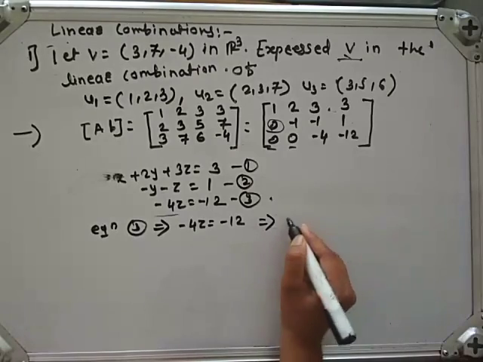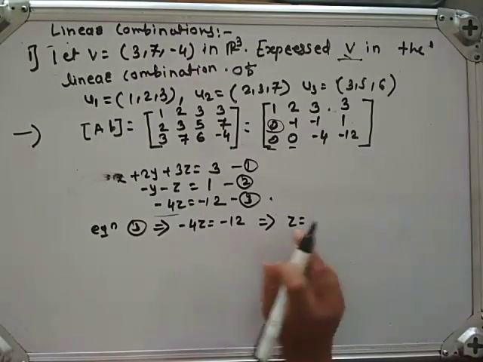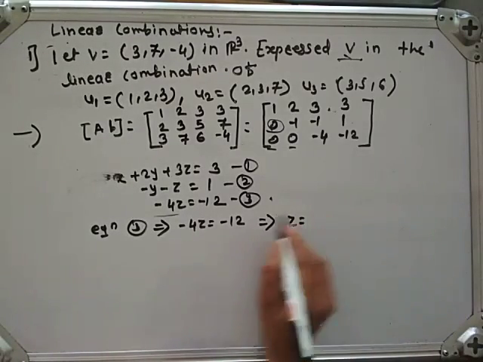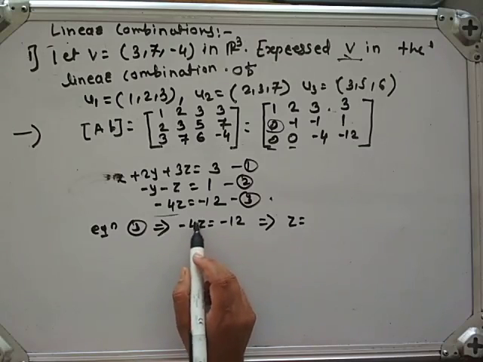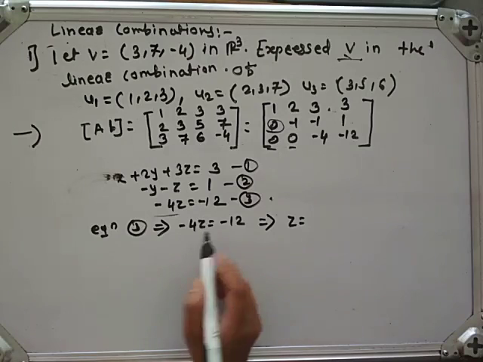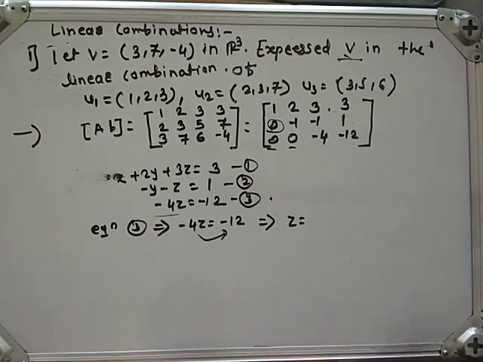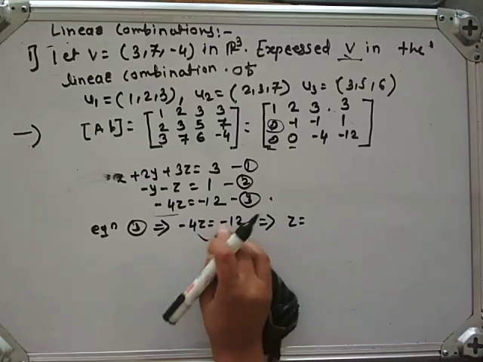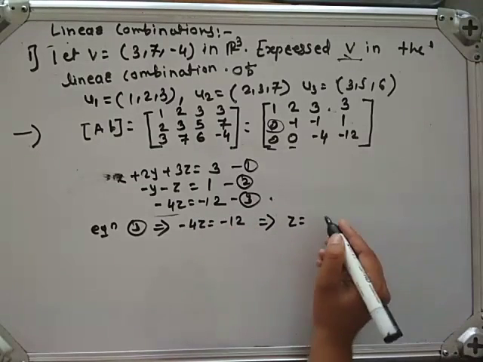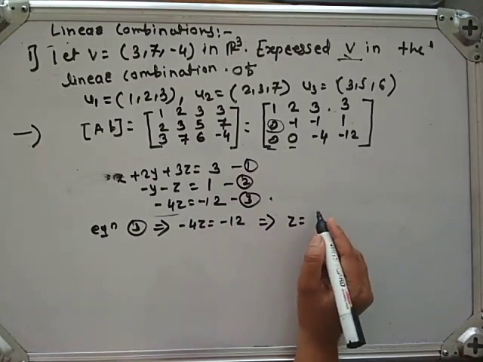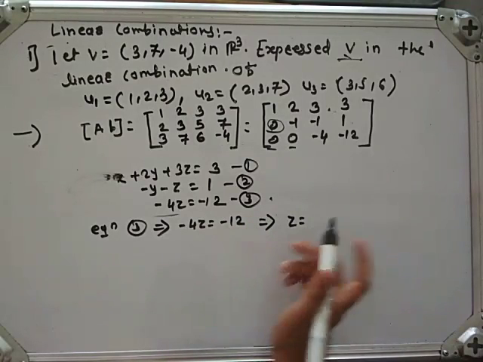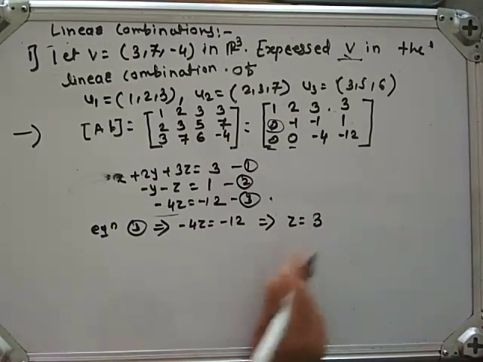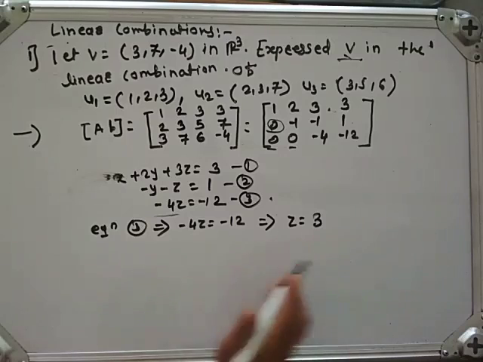That implies z is equal to, here on the LHS 4 is in the form of multiplication. When it goes to the RHS, it divides 12. Therefore 12 divided by 4 is 3. That means we get z is equal to 3.